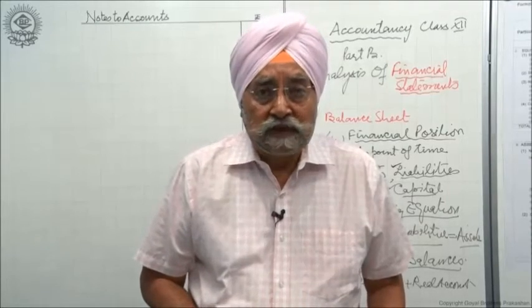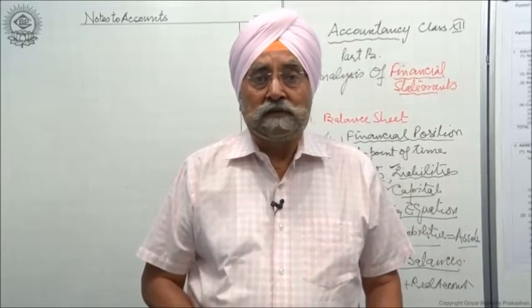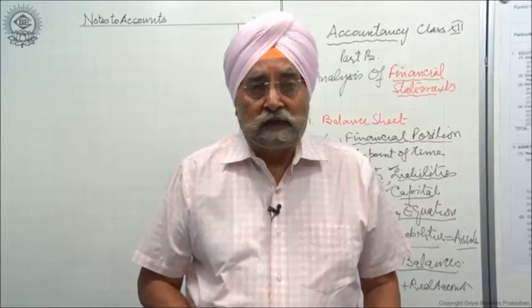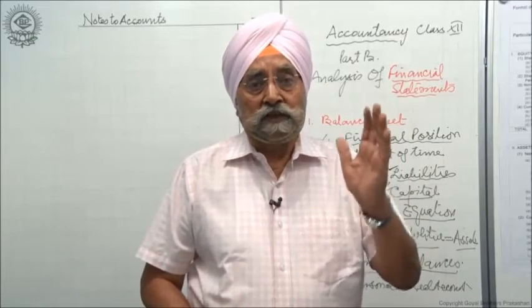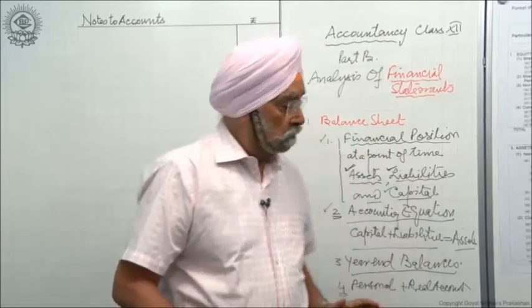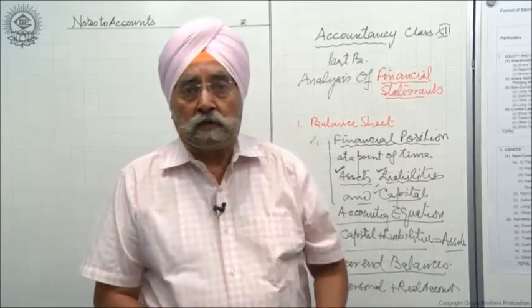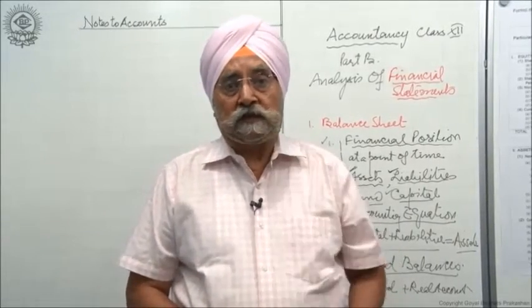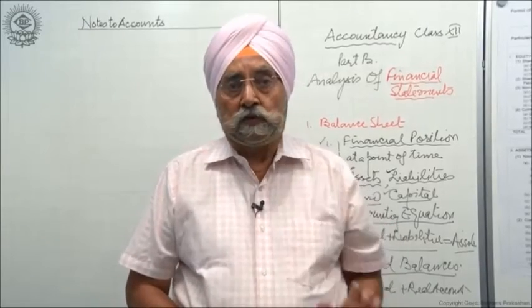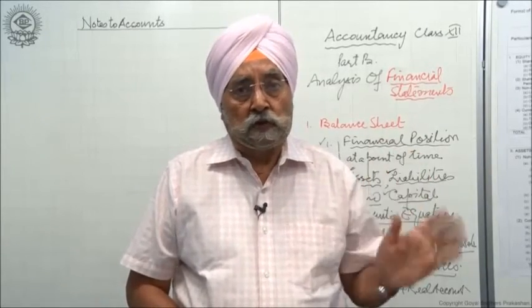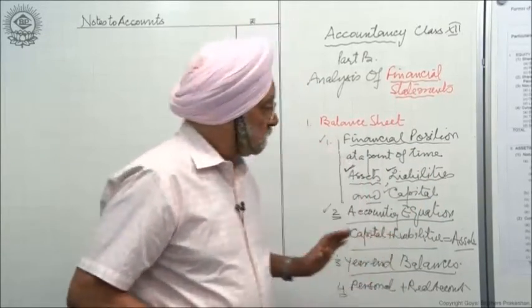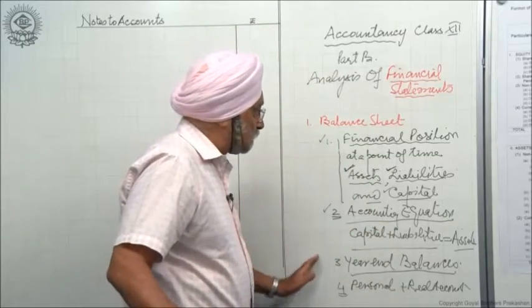Investments, real accounts. Gold, silver, real accounts. All these are shown in the balance sheet, personal and real. No nominal account, no expense account, no revenue will be shown in the balance sheet. This is what the balance sheet shows.